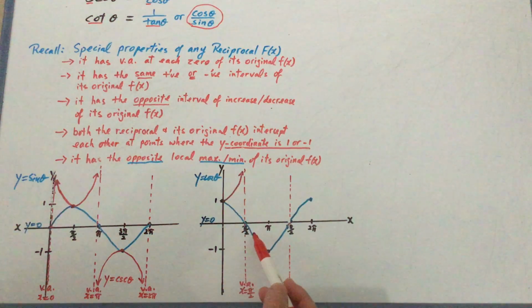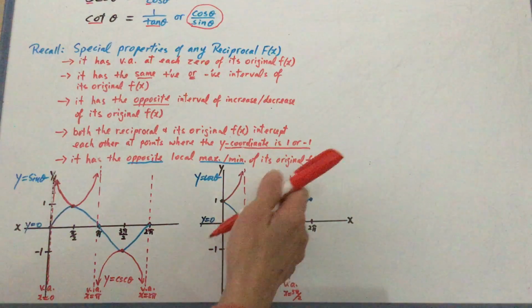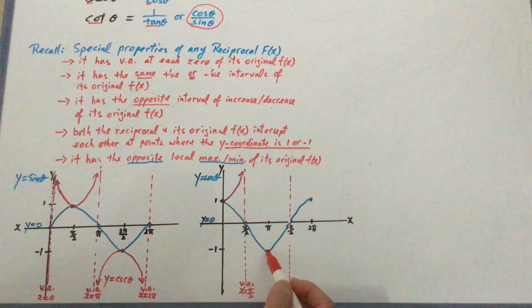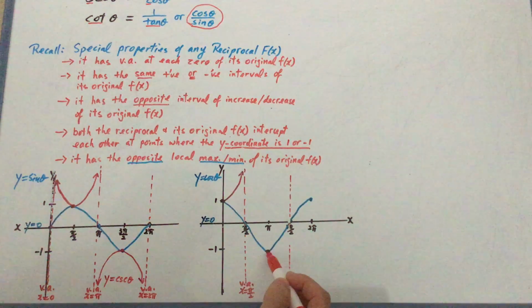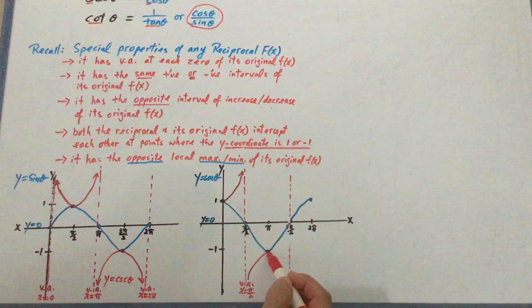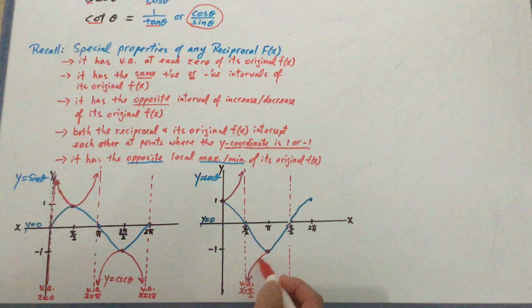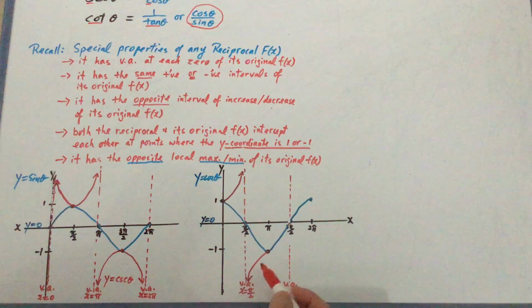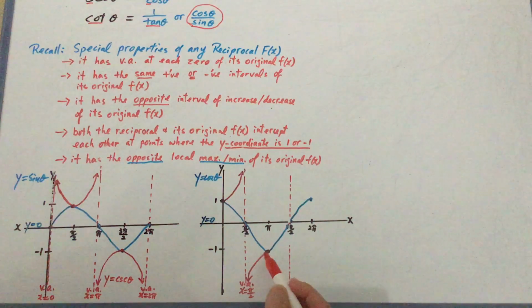So that means my reciprocal is also below the x-axis. So nothing should be up here. But also because it intercepts at the -1, having an interval of decrease, I'm supposed to have an interval of increase from here. Okay, intercept at this point. But the other part is also approaching the vertical asymptote, so you need to show the arrow for this part approaching the vertical asymptote.